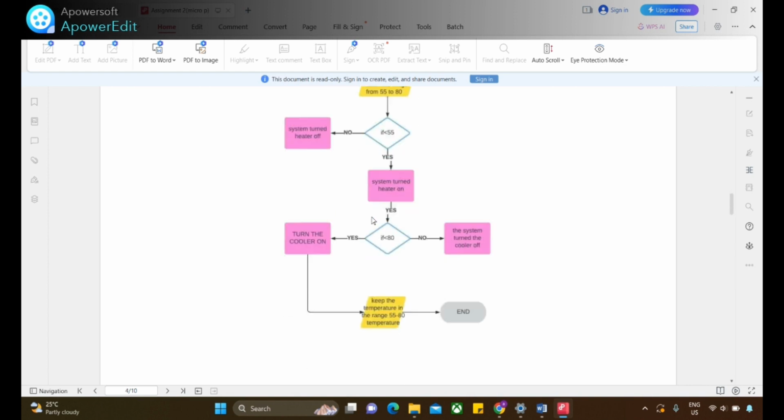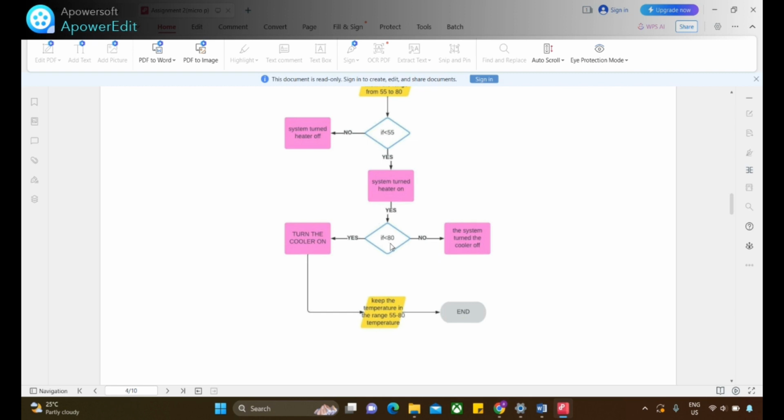Next step, when the system turns the heater on and the temperature is below 80, the cooler will be on, and if it is above 80, the system turns off the cooler.